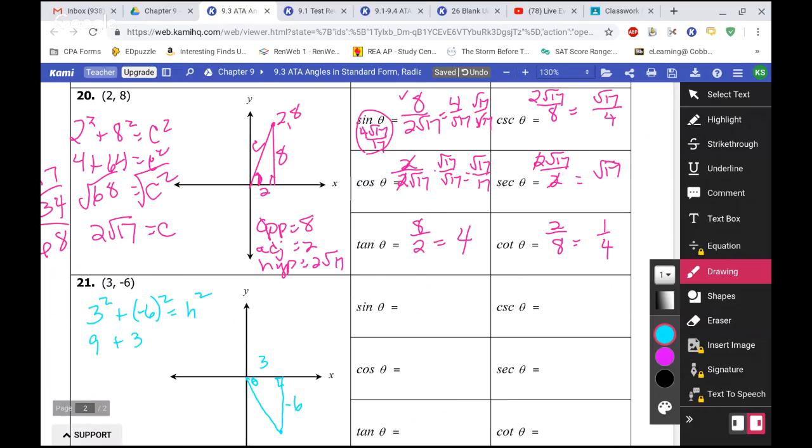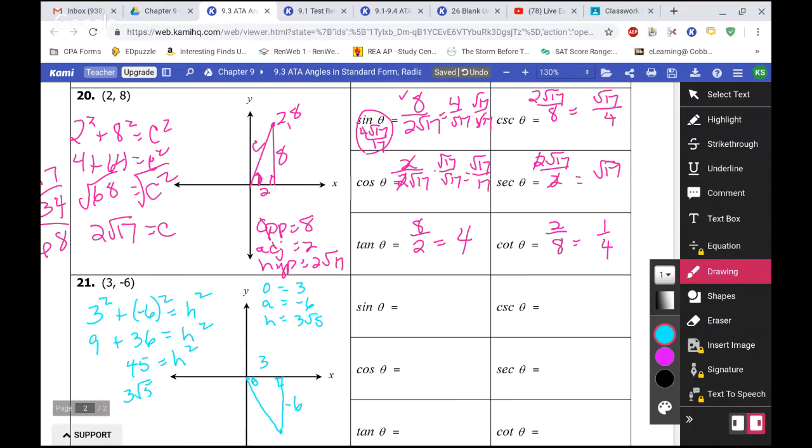So 9 plus 36 equals h squared. 45 equals h squared, so it's going to be 3 root 5. So opposite equals 3, adjacent equals -6, and h equals 3 root 5.